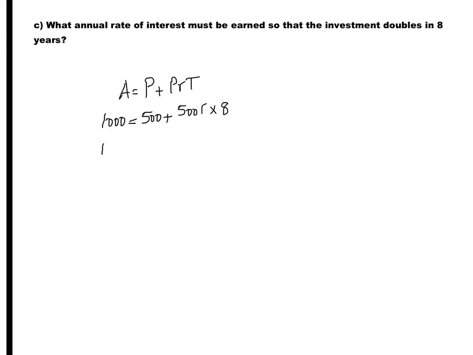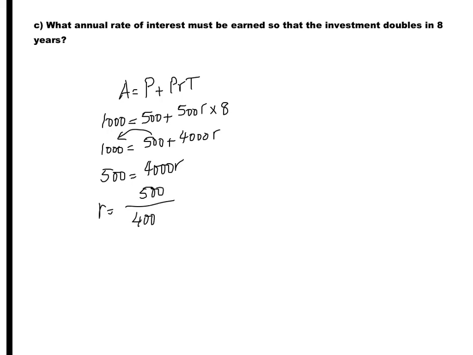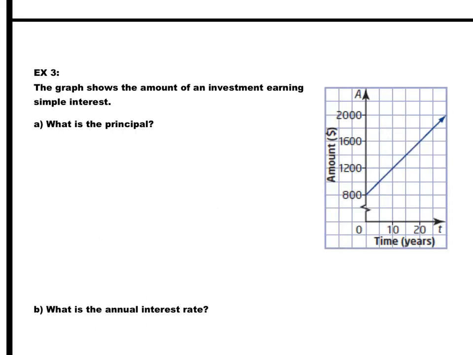So I'm going to get 1,000 is equal to 500 plus 8 times 500, which is going to give me 4,000 R. I move 500 to the left, I get 1,000 minus 500 is 500 is equal to 4,000 R. So R is going to be 500 divided by 4,000, which is equal to 0.125 or 12.5% interest per year.